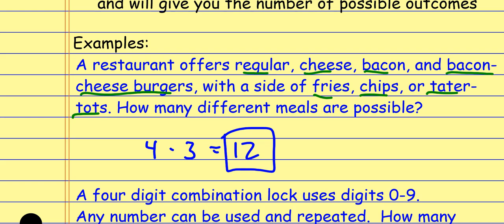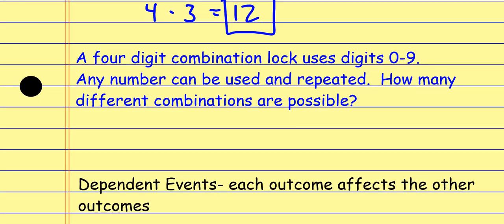If I look at something like this one, again, same kind of thing. A 4-digit combination lock uses 0 through 9. Any number can be used and repeated. How many different combinations are possible? We've got our 4-digit combination lock, and we just have to ask ourselves, how many options do I have for the first digit? Well, 0 through 9 is actually 10 options if you count them up. 1 through 9 is 9, plus 0, that's 10 options.